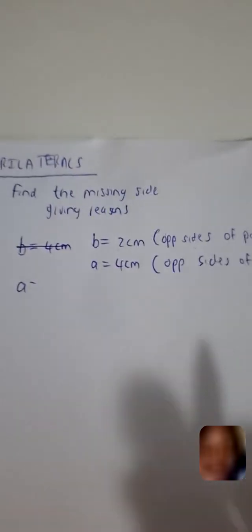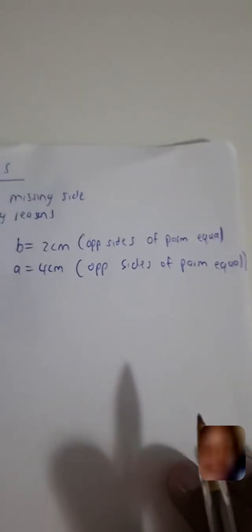Then same thing with A is equal to 4 centimeters, opposite sides of a parallelogram are equal. What you had said is also correct: both pairs of opposite sides are equal. All right, so yes, indeed, you're spot on. So that's using our properties to state our reason.